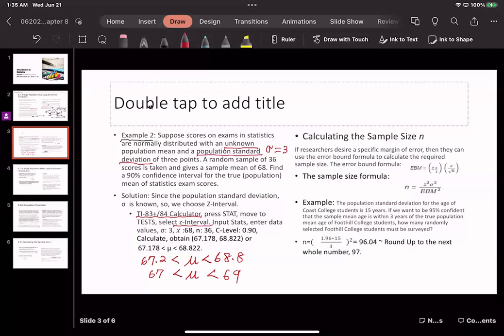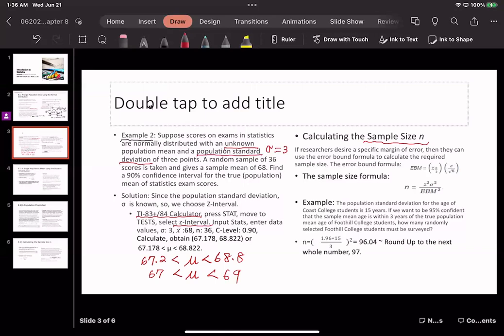Then we need to find out how to calculate the sample size. If researchers desire a specific margin of error, then we can use the error bound formula to calculate the required sample size.